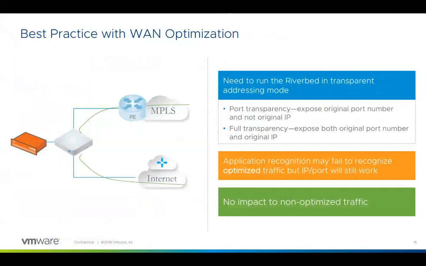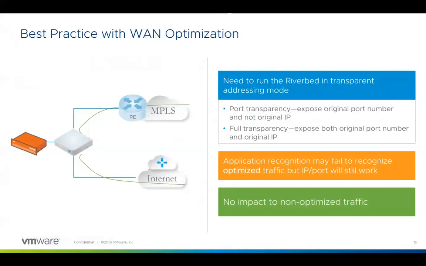For those Riverbed steelheads, the default mode is what they call correct addressing mode, and it's almost like a NAT mode. So basically, all traffic between the steelheads is encapsulated within their own tunnel, and so that has to be changed to port transparency or full transparency mode if you want to integrate SD-WAN or VeloCloud SD-WAN.